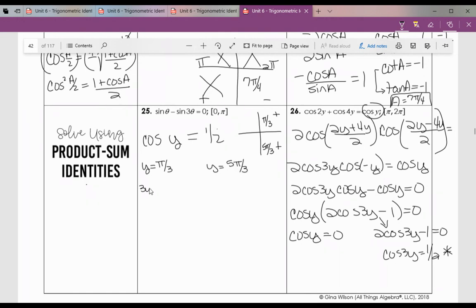then I'm going to set 3y equals pi over 3 with unlimited rotations, and I'll explain that in just a second. And then I'm going to set 3y equals 5 pi over 3 with unlimited rotations. Now, I have to divide both sides by 3, both equations.